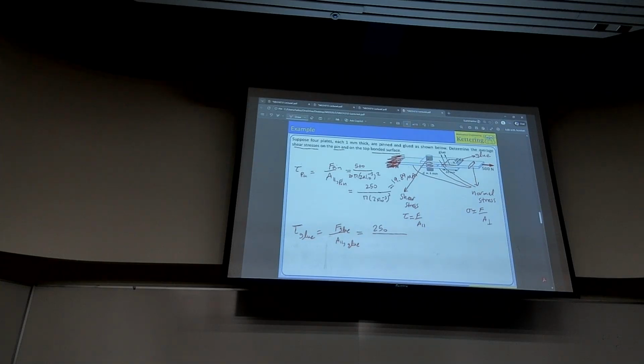That's 60 millimeters, millimeters squared, isn't it? So 10 times 10 to negative 3 times 6 times 10 to negative 3. Make sure you put that 10 to negative 3 for each one of the millis. This is 4.17 megapascal.